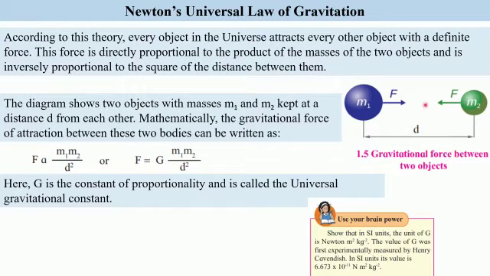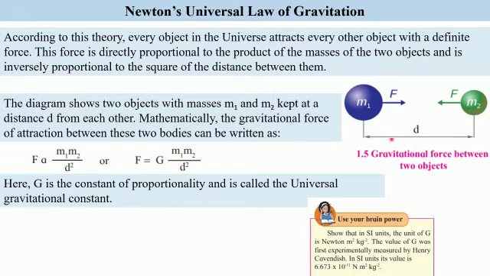So here we have two objects, and their masses we will consider to be m1 and m2 respectively. They both are separated from each other by a distance d. Now here we will consider the unit masses of the two objects. Unit mass means let the objects be of 1 kg each, and even unit distance we will consider.